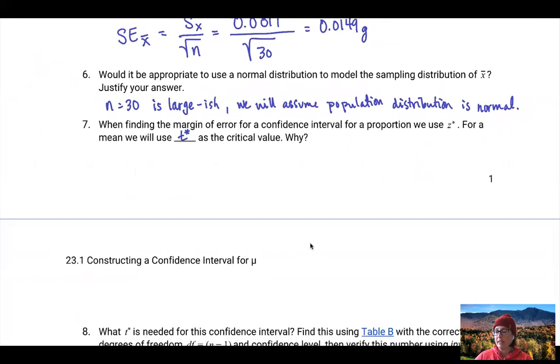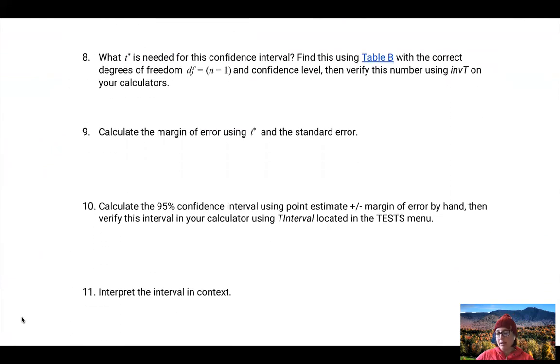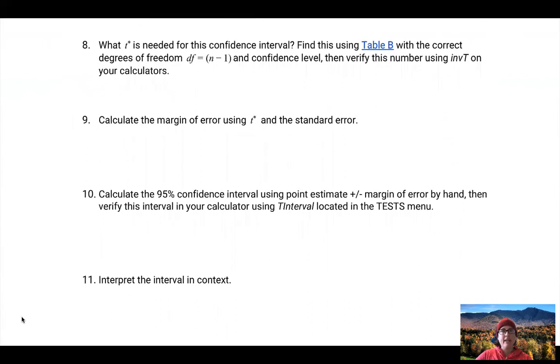So if you have a 95% confidence interval for something with a sample size of 20, your T star is going to be very different if you have a sample size of 40. You can't just rely on that one number. So for that, we're going to rely on either your calculator or a t-table in order to figure out what that number is that we're going to multiply by the standard error.